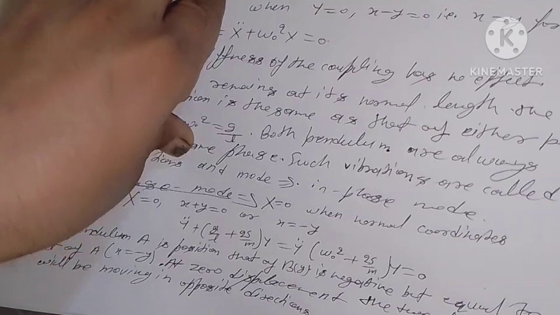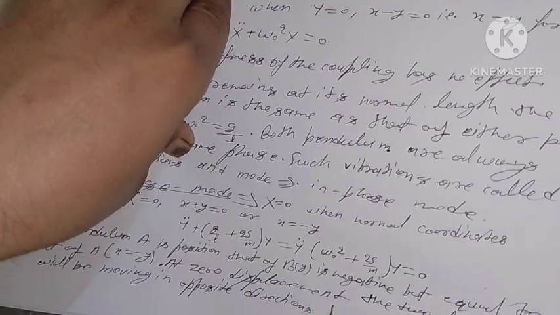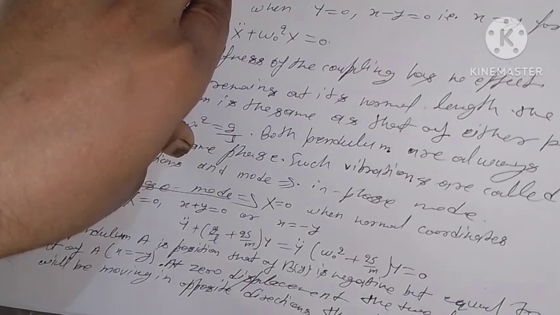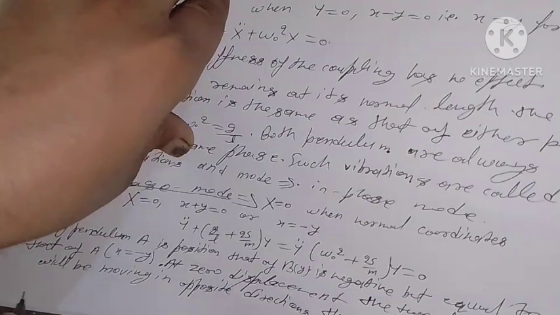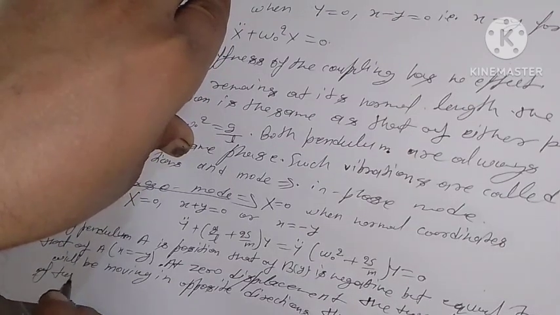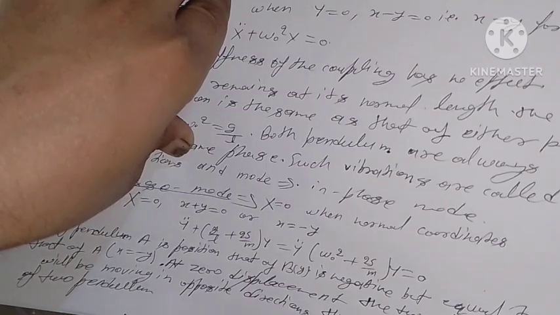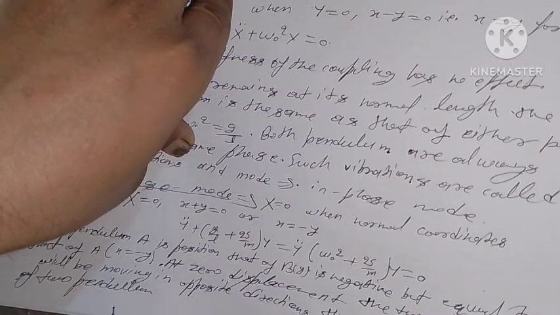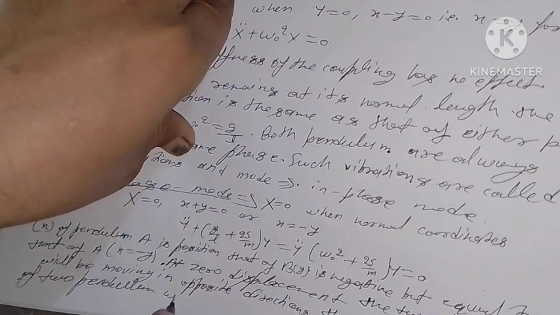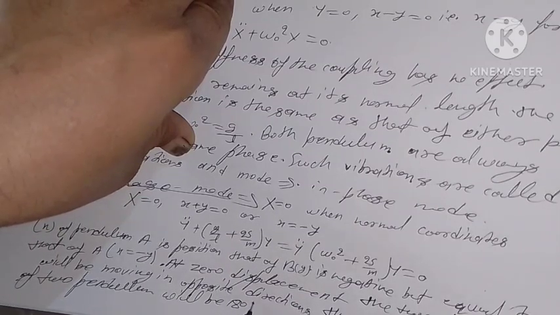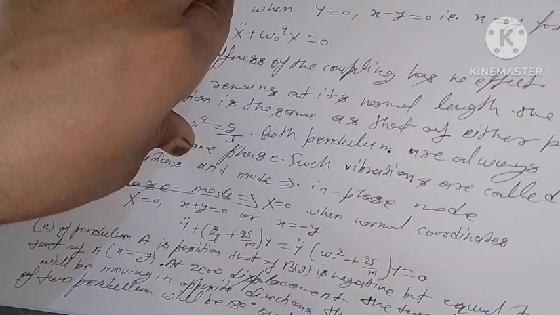Thus the periodic motion of the two pendulums will be 180 degrees out of phase.